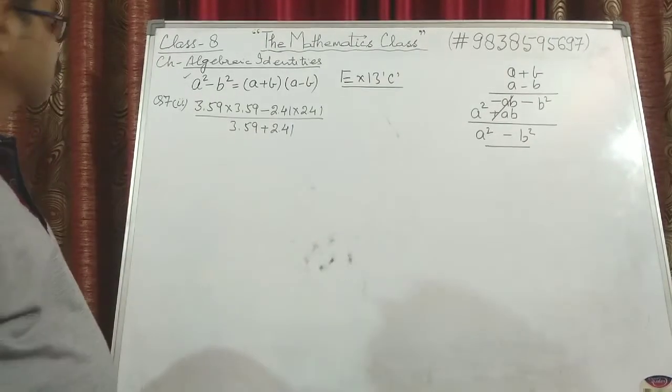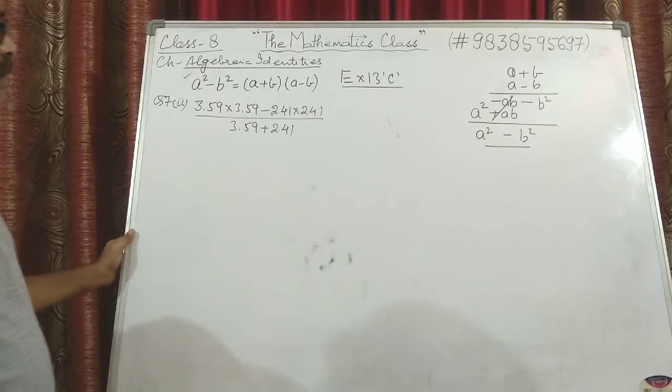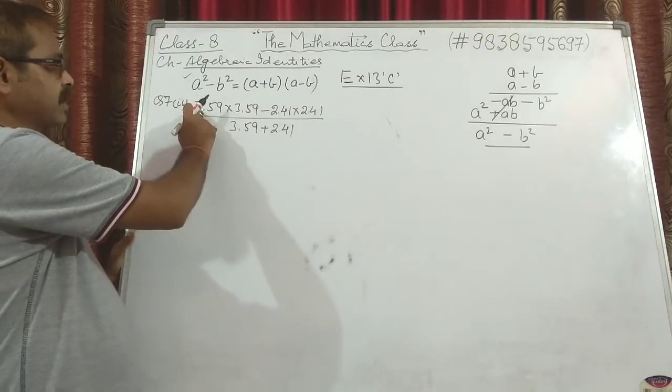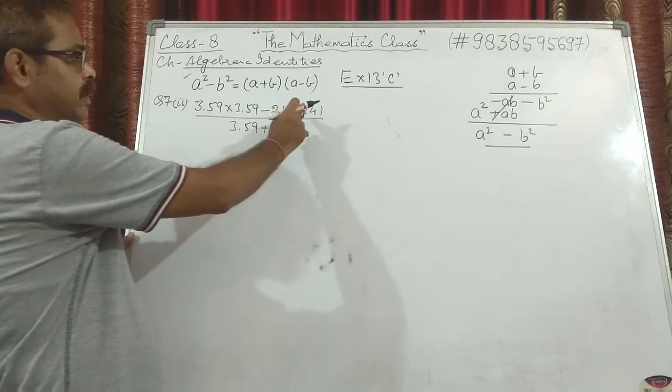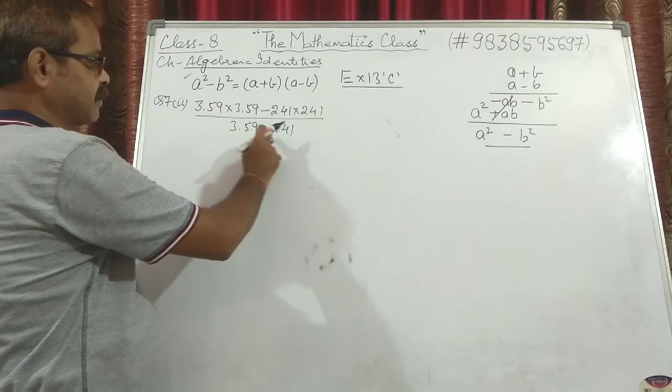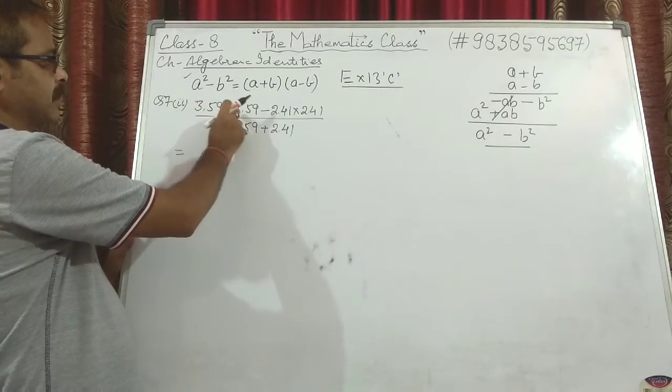Now the seventh question, I have taken the second part. The question says simplify: 3.59 into 3.59 minus 2.41 into 2.41, upon 3.59 plus 2.41. You can see that this number is multiplied by itself.